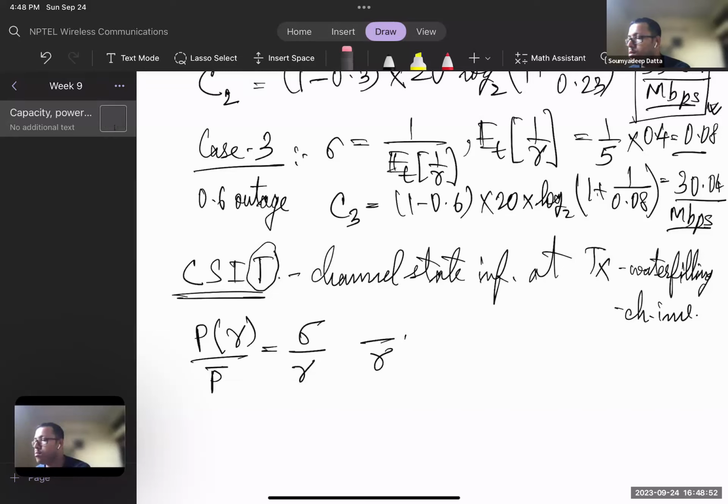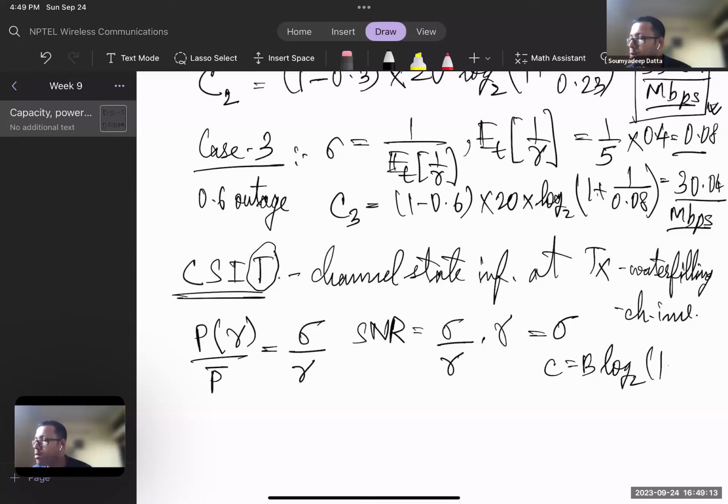And so when you do log of 1 plus SNR, the SNR is the transmit power times the system SNR, so gamma and gamma cancel. Effectively, your channel will have SNR sigma, and your capacity will be B times log of 1 plus sigma, right?